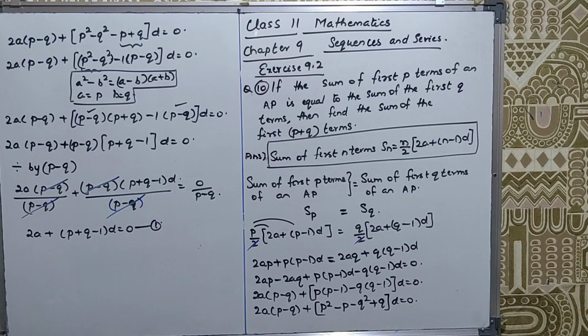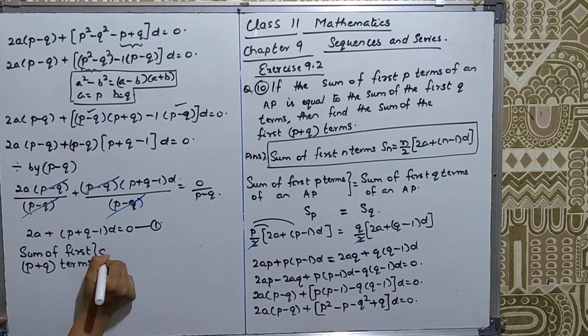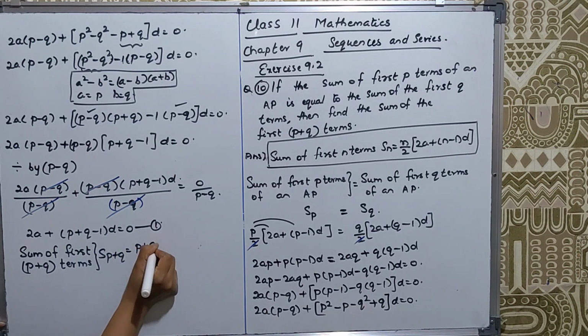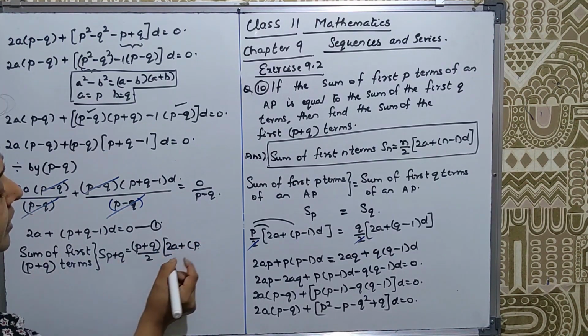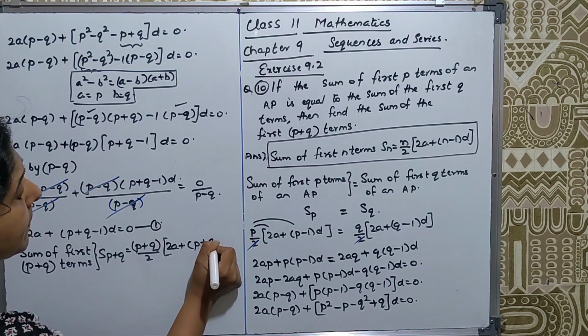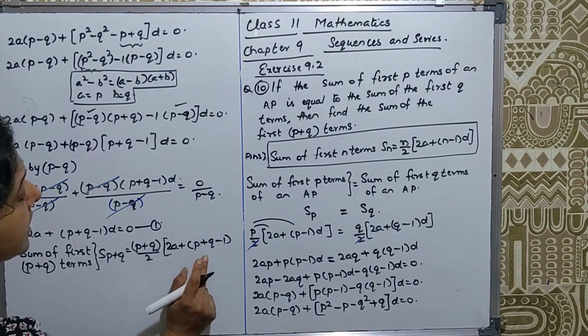Now you want to find out the sum of first p plus q terms. So we'll write sum of first p plus q terms. That is S p plus q equal to p plus q by 2 into 2a plus, in the place of n, p plus q minus 1, into d.